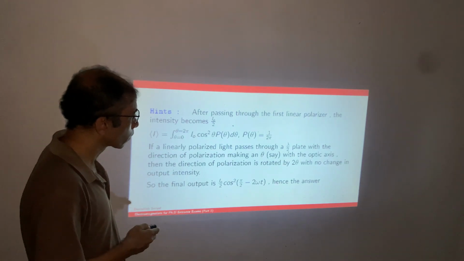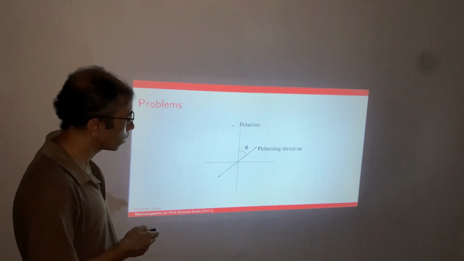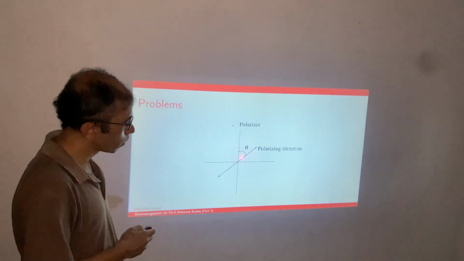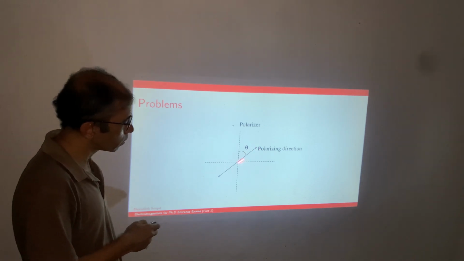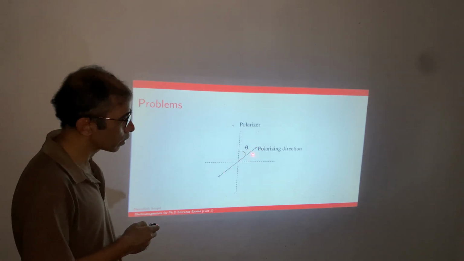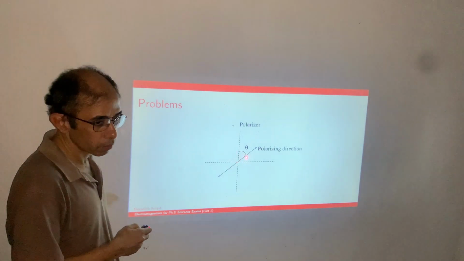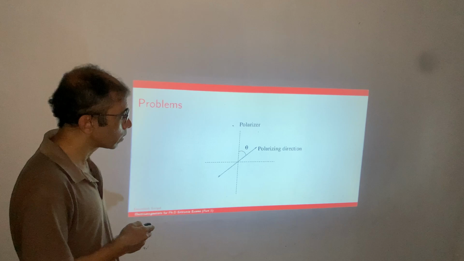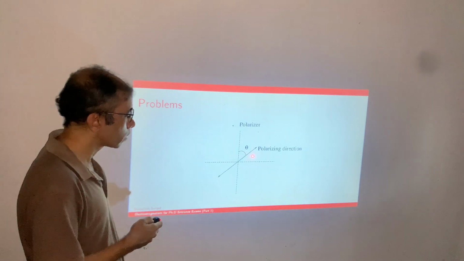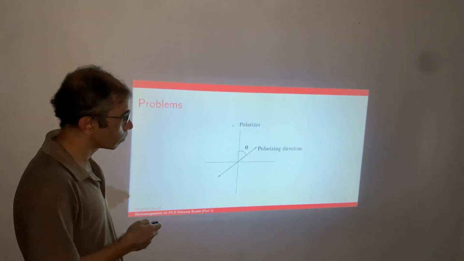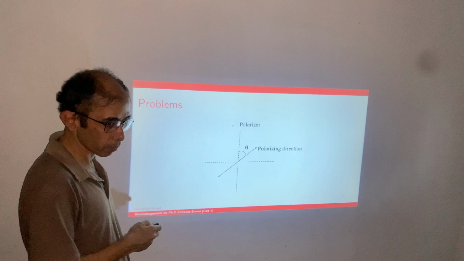Now, what is P theta d theta? P theta d theta is the probability that this oscillation will be in a direction between theta and theta plus d theta.